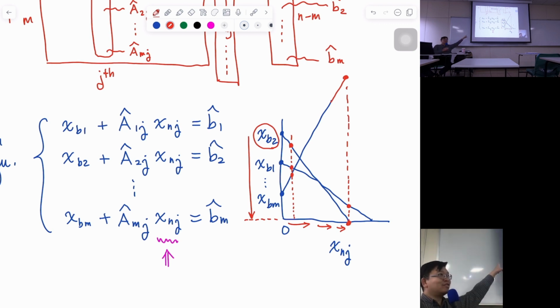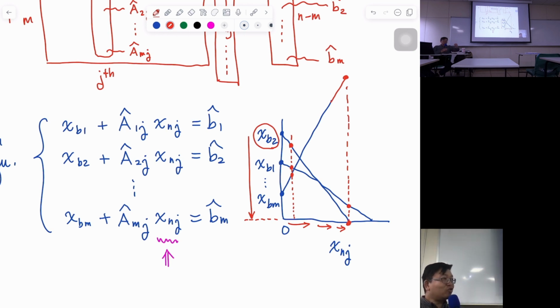So that's the one that will be reduced from its original value to 0. And xnj will be the one that was originally 0 and is now increased to a certain value. So the idea is we need to pick the one from xb that is reduced to 0.